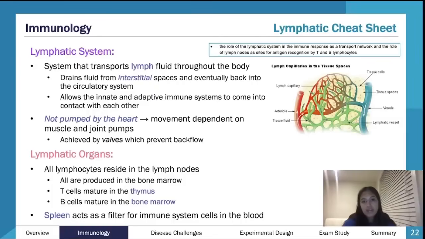In terms of their names, T cells mature in the thymus, B cells mature in the bone marrow. All of your lymphocytes start in the bone marrow. Your T cells will move to the thymus, and that's where they'll mature. Your B cells will stay in the bone marrow. That's where they mature. Hence T cells for thymus, B cells for bone marrow. And your spleen is kind of involved in this as well.